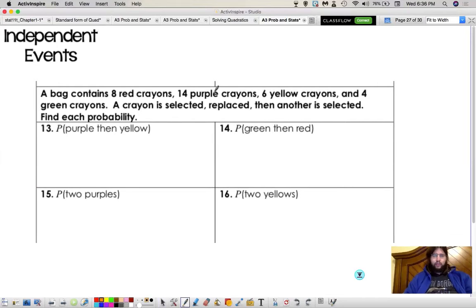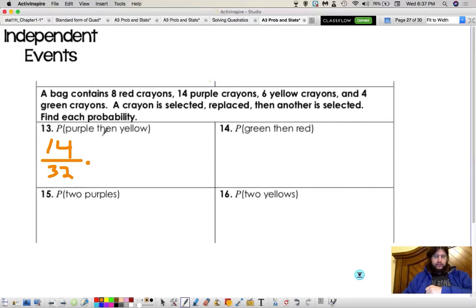We got 8 red, 14 purple, 6 yellow, and 4 green. So if we want the probability of purple, then yellow. Well, how many purples are there? 14. And there's 32 crayons, right? 28 plus 4 is 32.